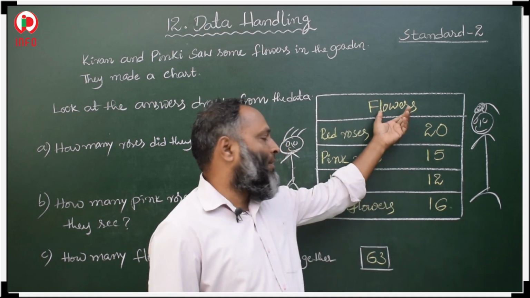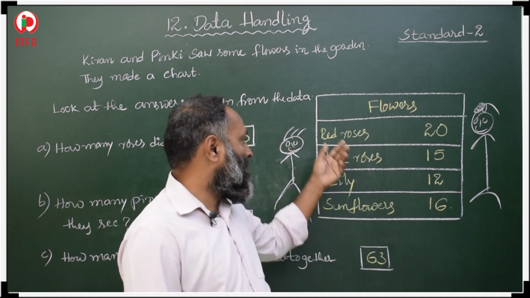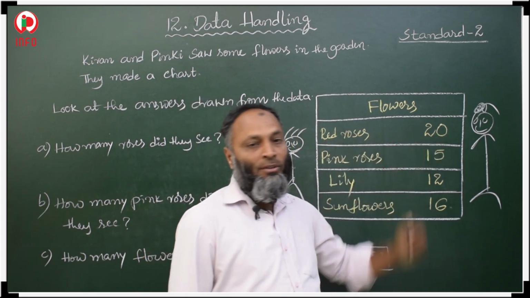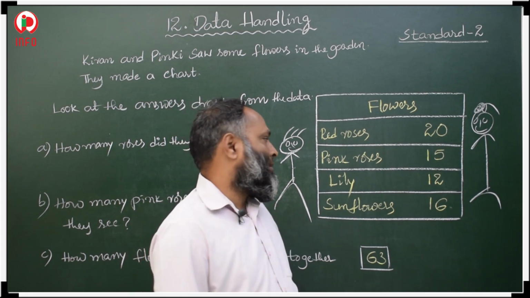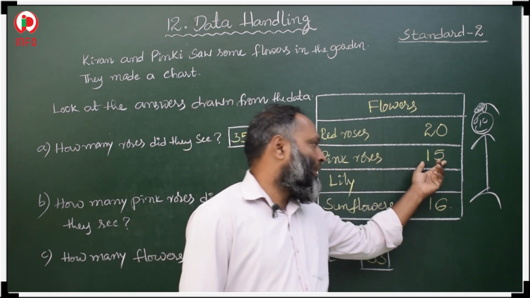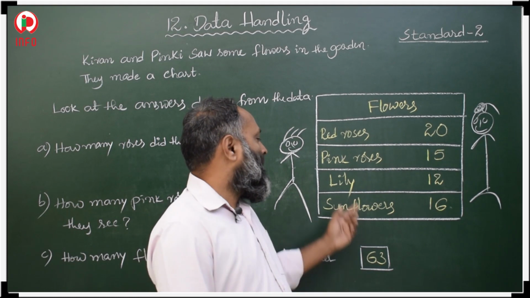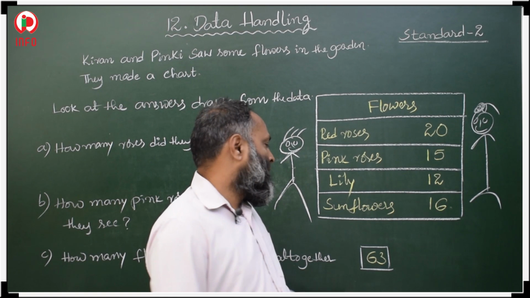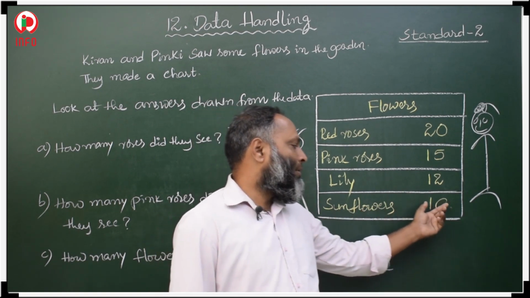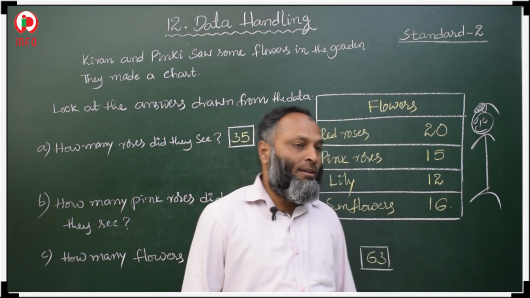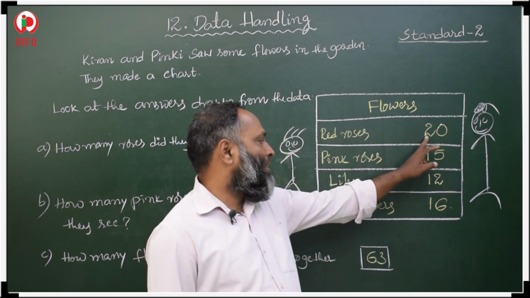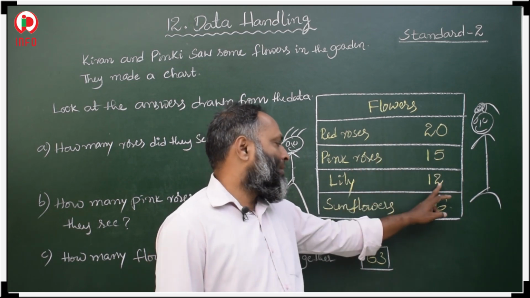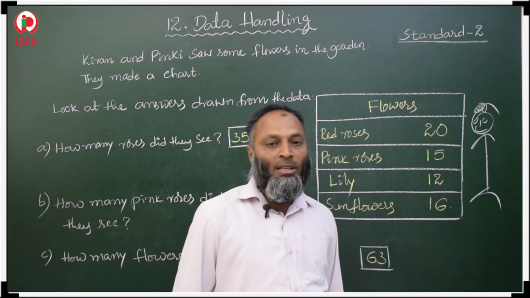What did they see? Red roses, 20. Pink roses, 15. Lily flowers, 12. And sunflowers, 16. So red roses 20, pink roses 15, lily flowers 12, sunflowers 16.